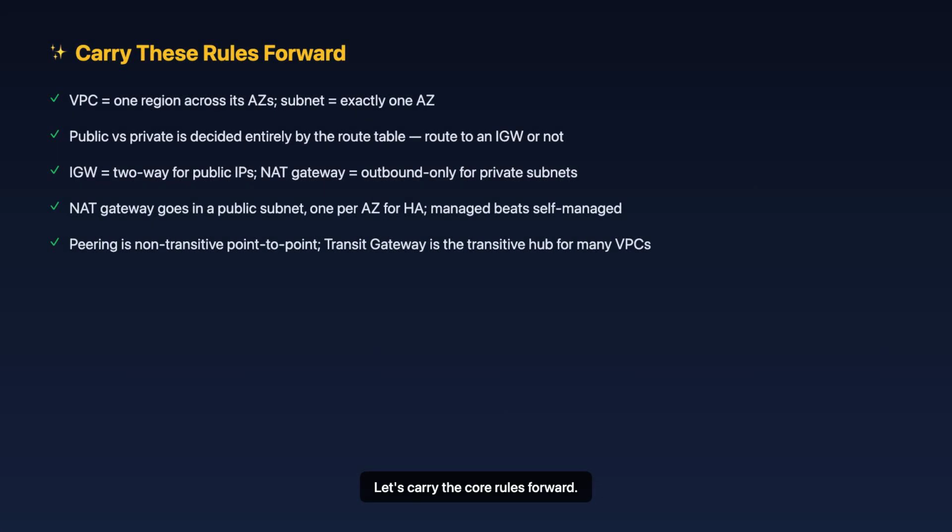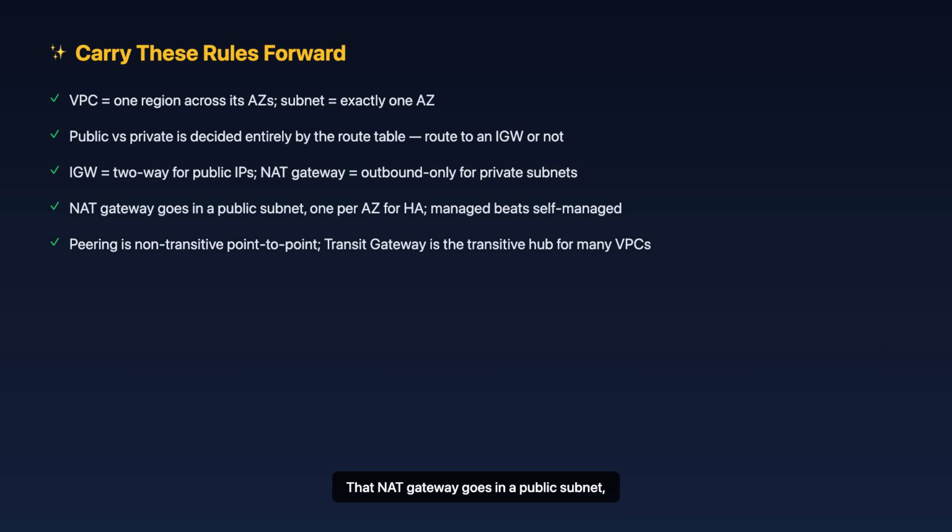Let's carry the core rules forward. A VPC is one region across its zones, and a subnet is exactly one zone. Public versus private is decided entirely by the route table, by whether there's a route to an internet gateway. An internet gateway is two-way for public IP resources, while a NAT gateway is outbound only for private subnets.